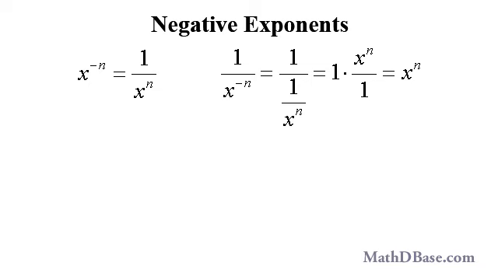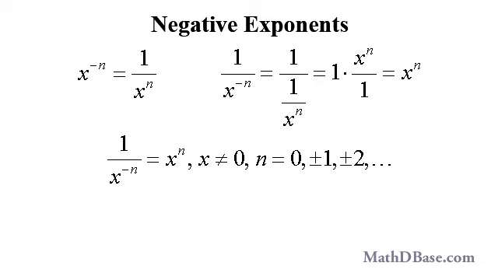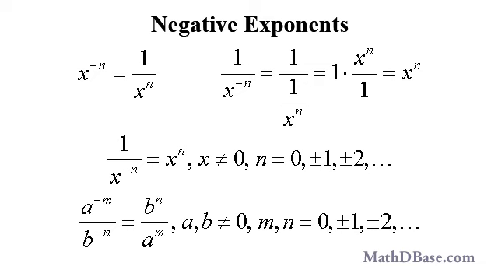We know from arithmetic that fractions like these are called complex fractions, and that we can simplify them by multiplying the numerator fraction by the reciprocal of the denominator fraction. So we get 1 times x to the nth over 1, or just x to the nth. Similarly, if we have a base raised to a negative exponent divided by another base to a different negative exponent, we can just flip the bases and rewrite them with positive exponents, provided that neither base is equal to 0.